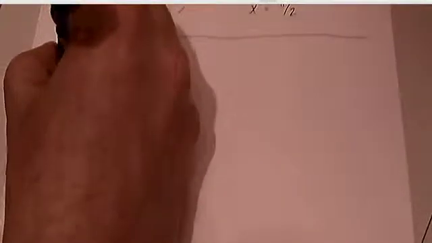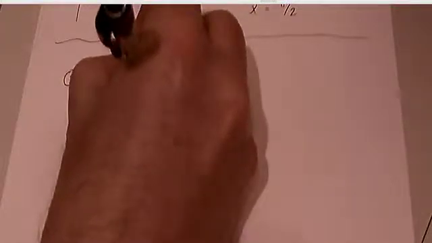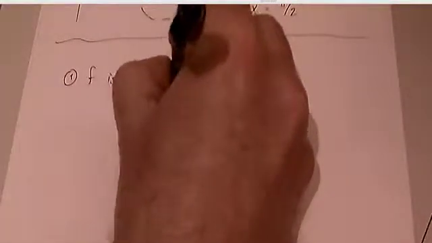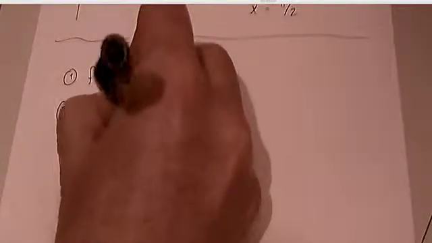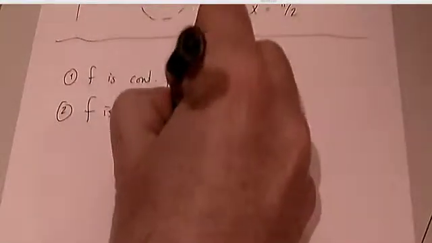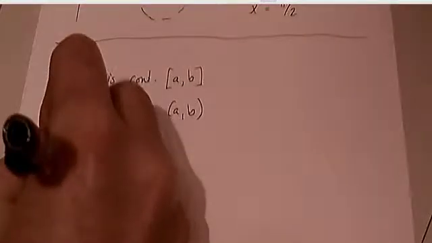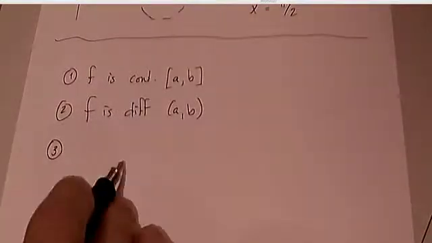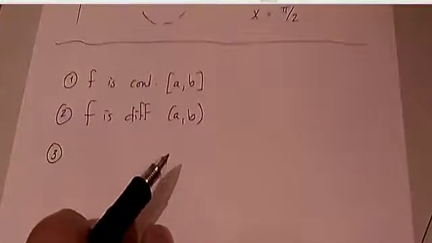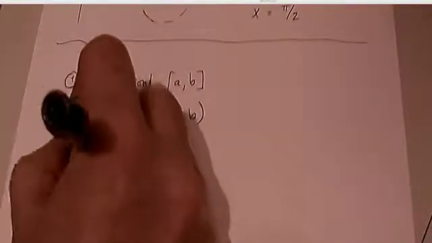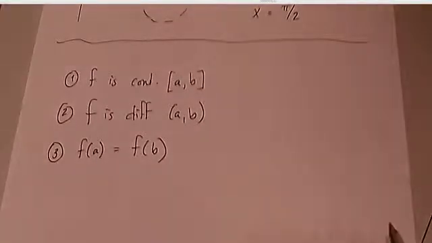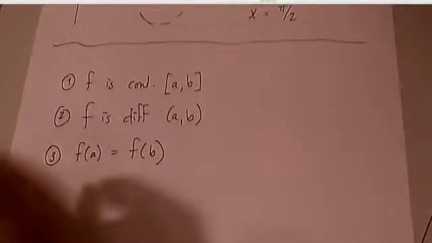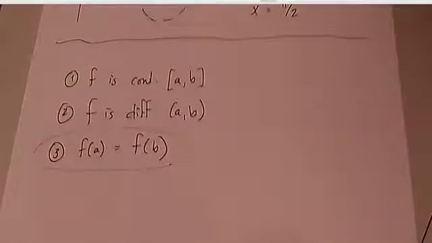Whereas the mean value theorem states, 1, f is continuous on A to B. Number 2, f is differentiable on A to B. Rolle's theorem has a third stipulation to ensure that the average rate of change is 0, and that's just f of A is equal to f of B. So that right there is just an added premise.